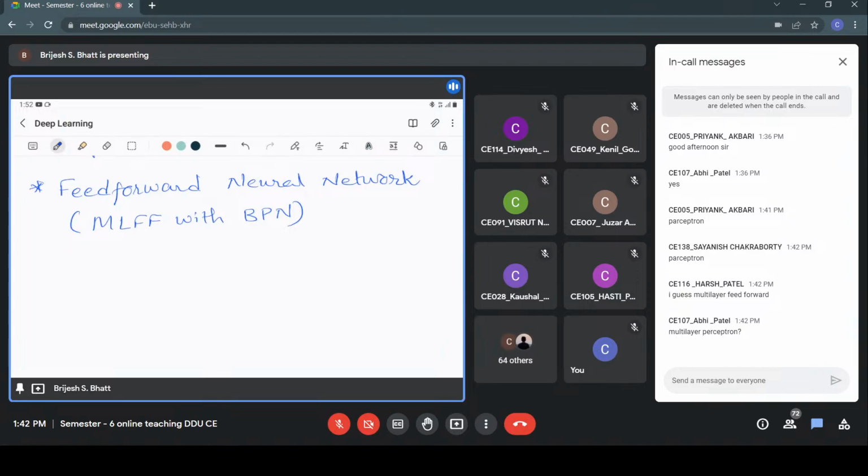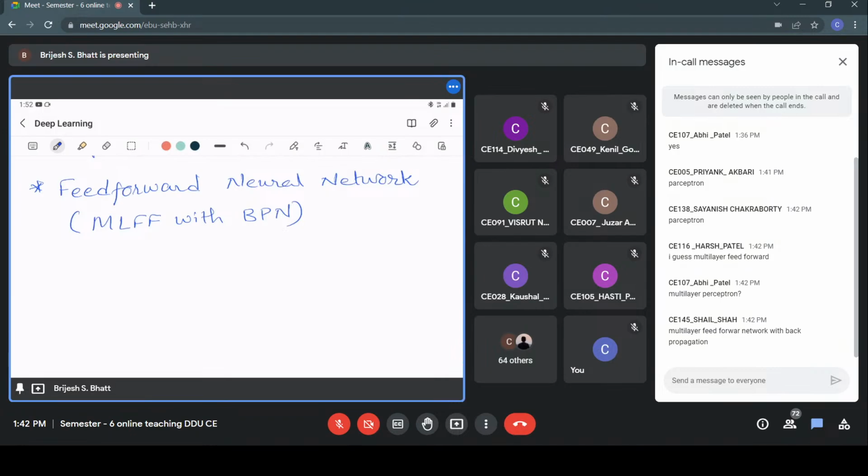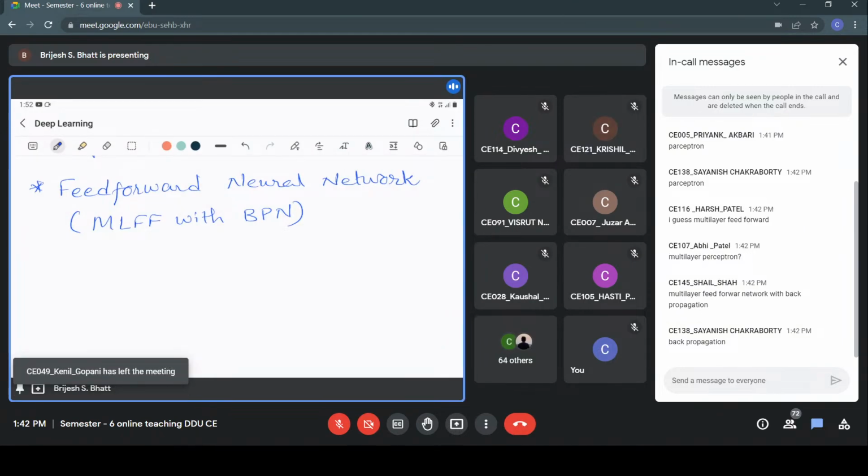And what is BPN? Yes, Shale has the right answer. Multi-layered feed-forward network with backpropagation algorithm. So I just wanted to make sure whether you have done this or not. I believe the backpropagation algorithm is covered in the class, right?